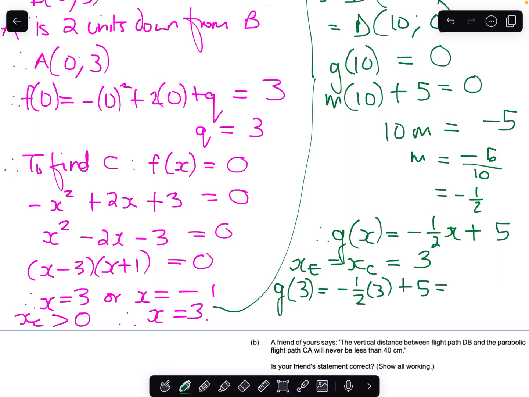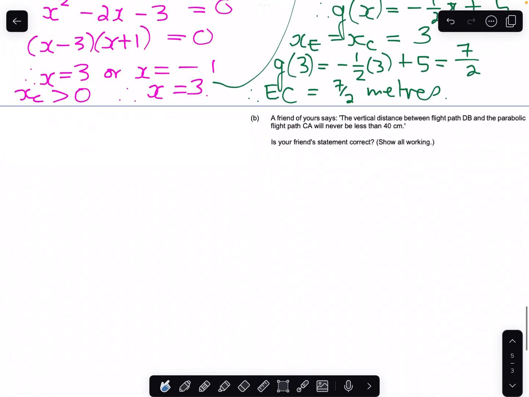It will be minus 1.5 plus 5, which is minus 3.5. Not minus 3.5. It will be positive 3.5. And so therefore, the length of EC will be 7 over 2 meters, and that's the unit we're dealing with.